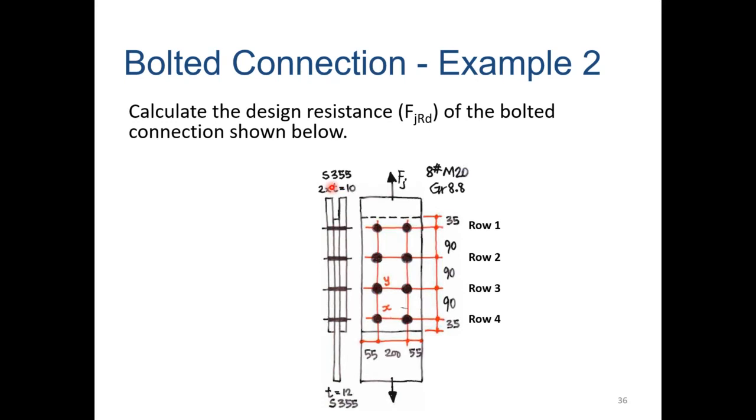So in this example we've basically got double shear. If I draw the bolt going across, there's the bolt head, there's the nut on the other end. I have a 10mm plate here with a load coming up.